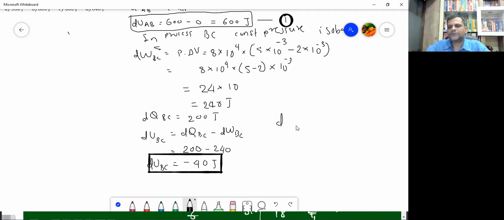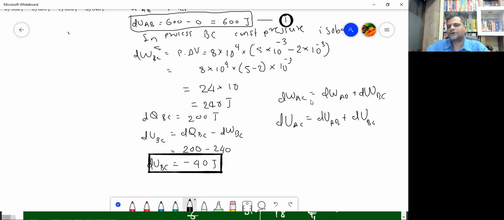तो देखो DU in process AC is actually going to be du in the process AB plus du in the process BC. Okay, because internal energy is a state function, we cannot use this as in case of work done. Work done के लिए ऐसा नहीं बोल सकते हैं कि dw in process AC is equal to dw in the process of AB plus dw in the process of BC.